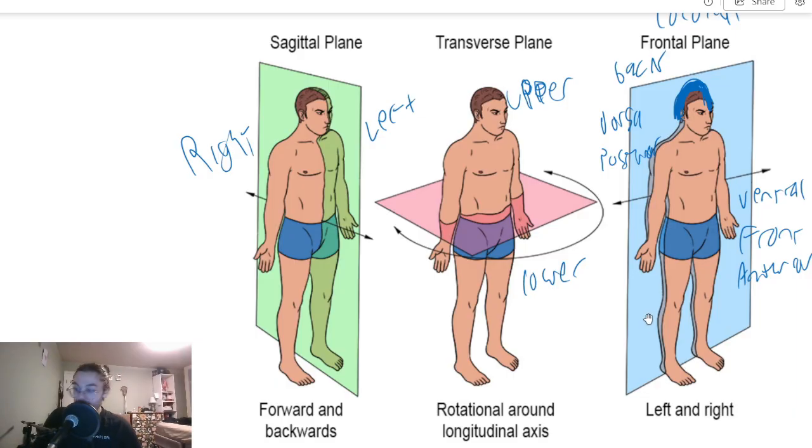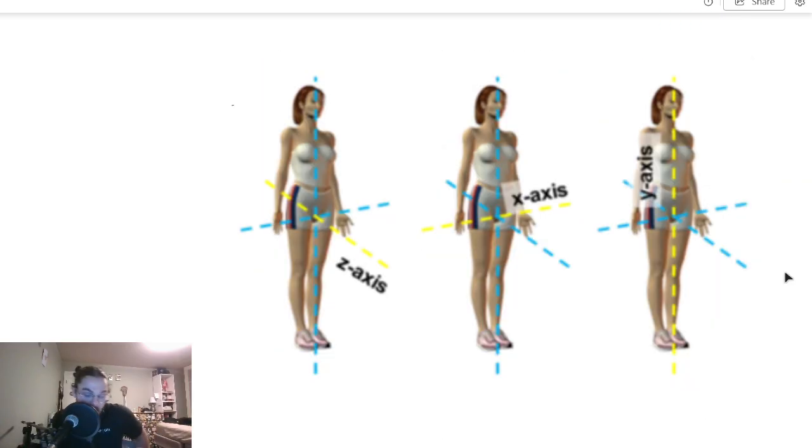Cool. Now that we know what the planes of motion are, let's talk about the axes of rotation because, once again, to describe movement, you need to know where this stuff is. Okay, awesome. So we talked about the planes of motion. And if you remember, this plane right there was the sagittal plane, okay? You can also split this plane up into a couple of different ones.